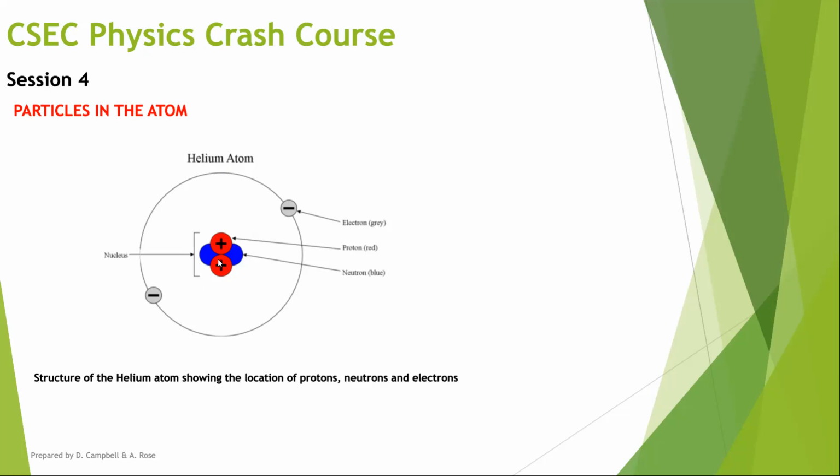It has 4 nucleons, so 2 protons and 2 neutrons, and 2 electrons. If we consider the charge of the helium atom, we will see that it is 0. So 2 positive cancels 2 negative. So the charge on the atom is normally 0.